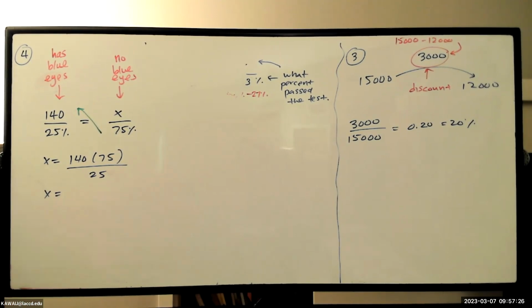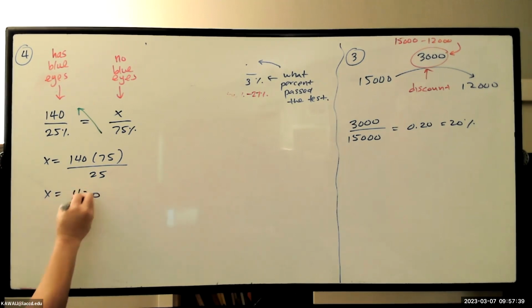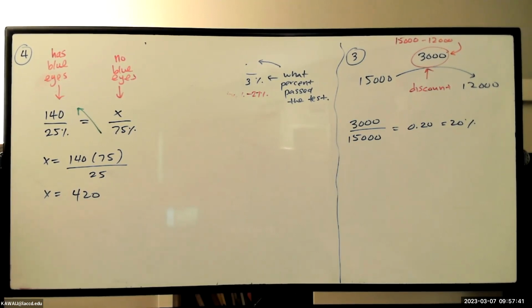So 140 times 3 is 420. Okay, try doing number 5.